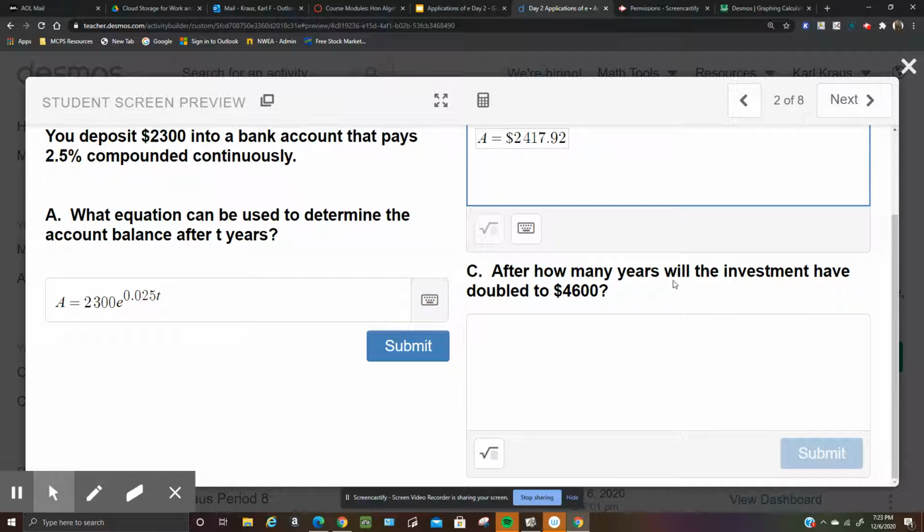How many years will it take for the investment to double to 4,600?